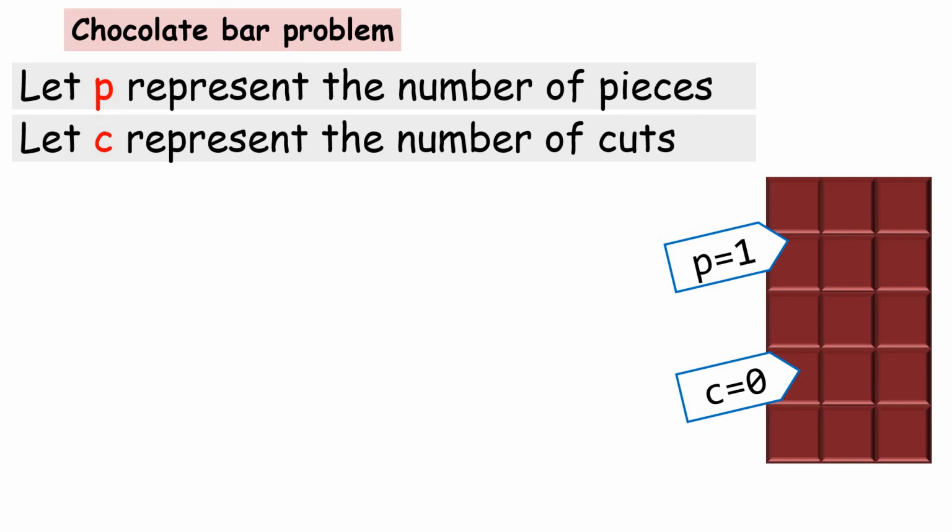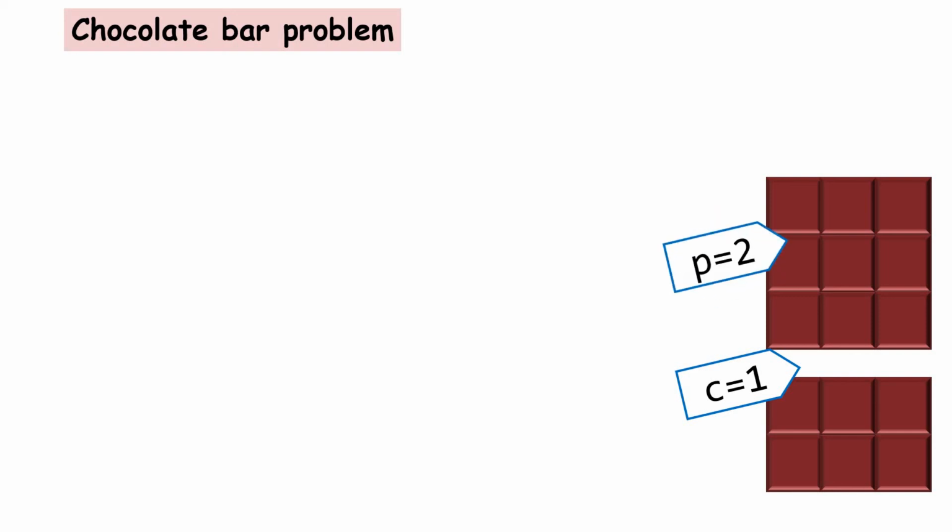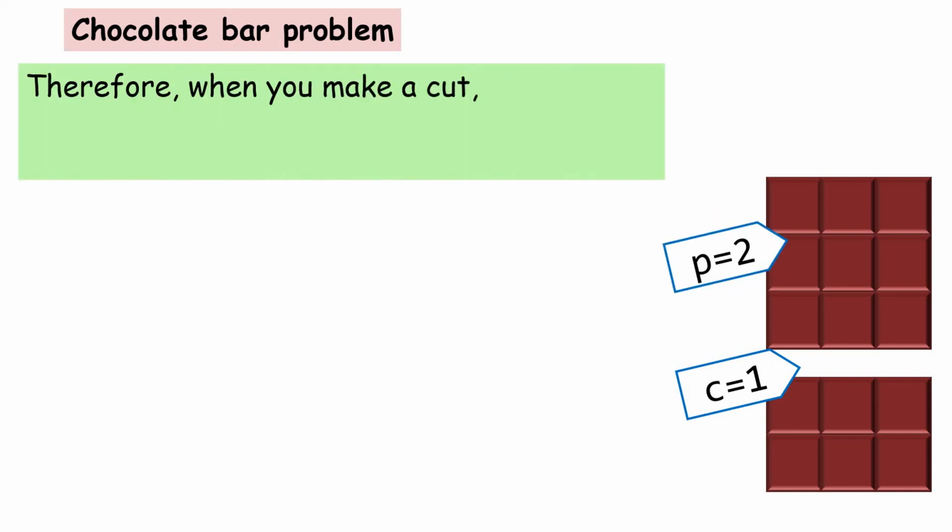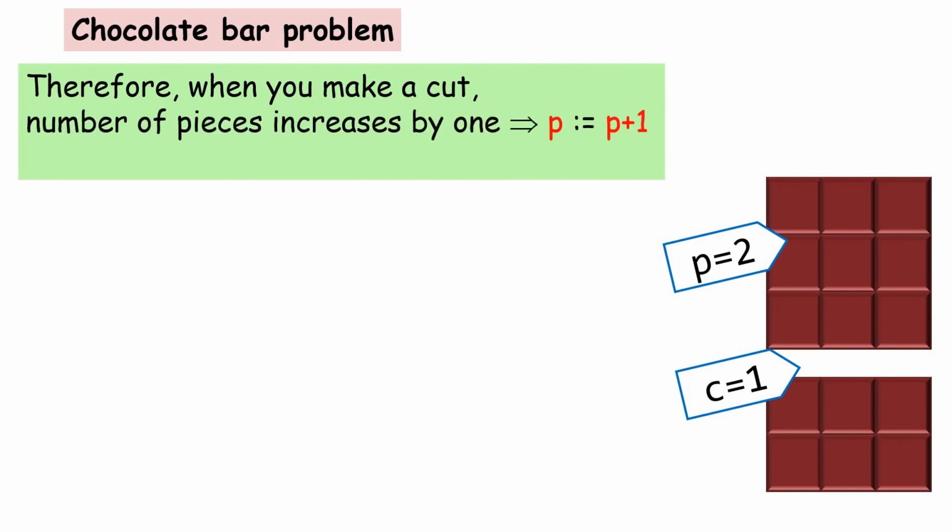When I make a cut in the chocolate bar, I have C equal to 1 since I have made one cut. And now I have two pieces, so P is equal to 2. Therefore, when you make a cut, the number of pieces increases by 1, which implies P := P + 1.